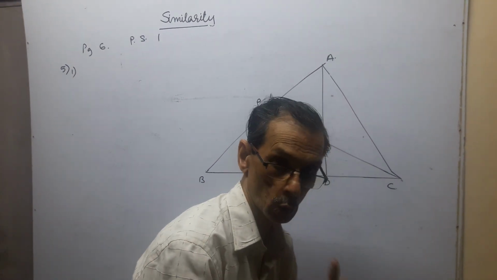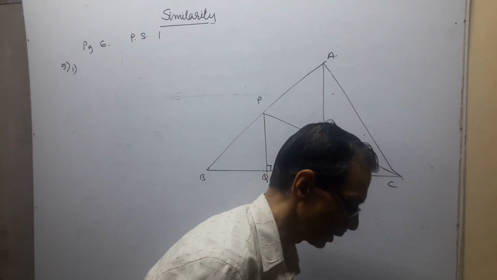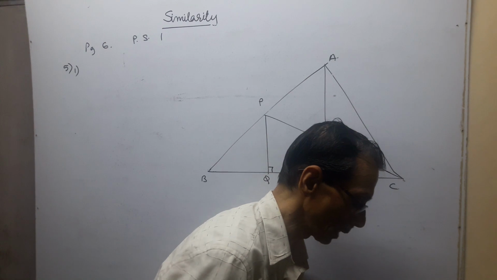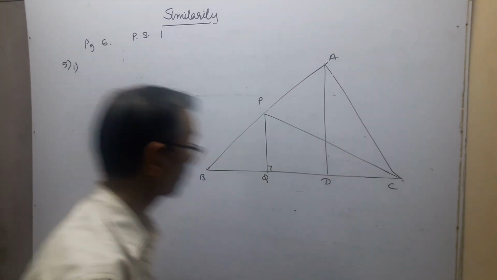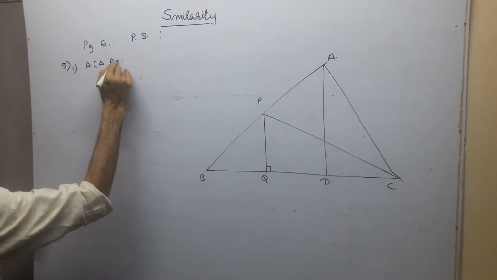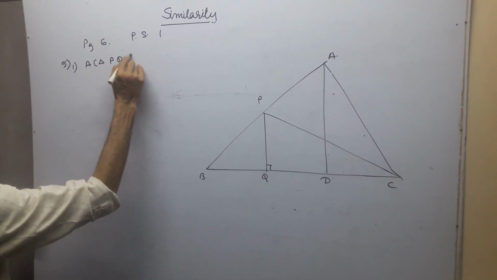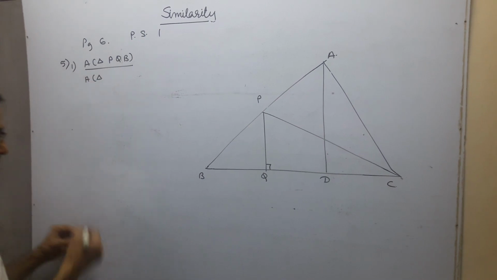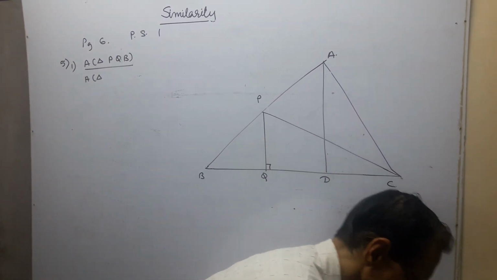We will take any two. The first one is area of triangle PQB to area of triangle PBC. Area of triangle PQB upon area of triangle PBC.